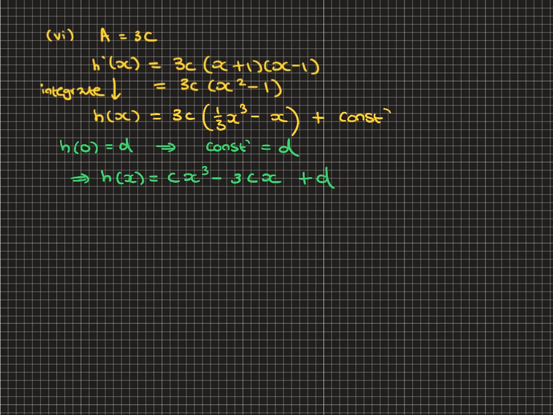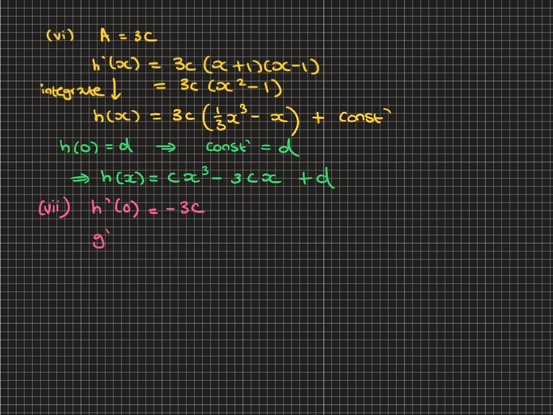There is one last part here, another tricky thing to think about. Show that there are no values of c and d such that the graphs of y equals g of x, right from the beginning, and y equals h of x are the same. So what do we remember? We know that h dash 0 is equal to -3c, we were given that.